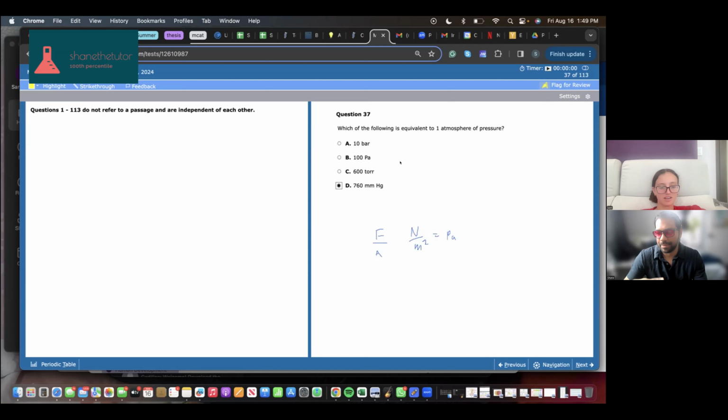A lot of these mathematicians also develop concepts in physics. So that's what a Pascal is, and 1 ATM is equal to 100 kilopascals.